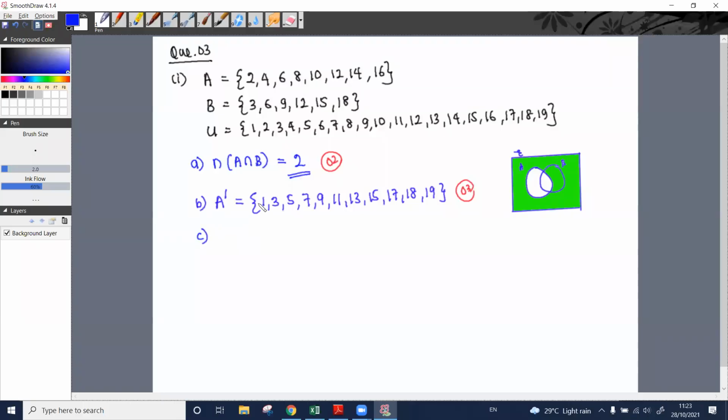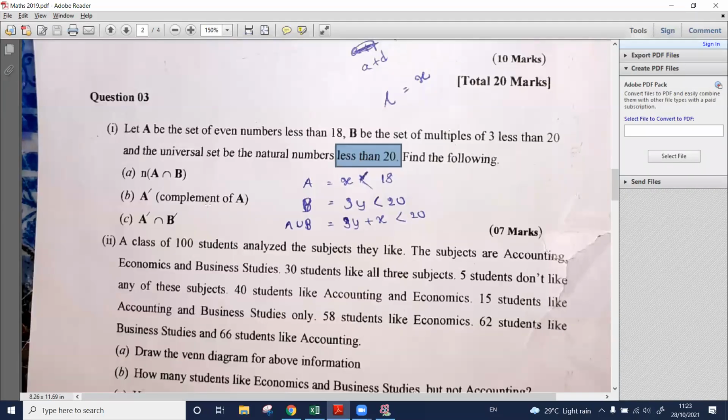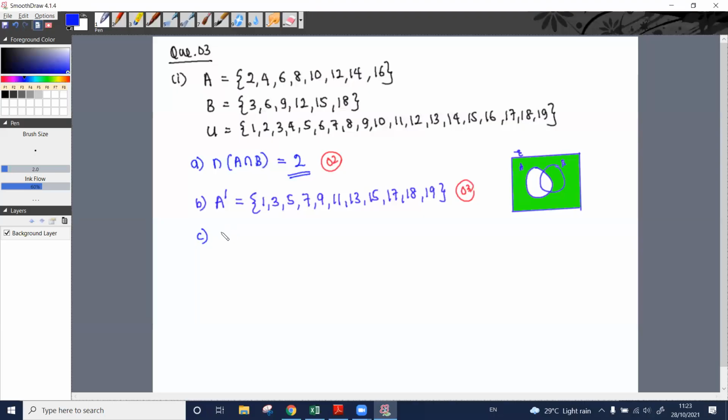Part C: A dash intersection B dash. What should this set be?